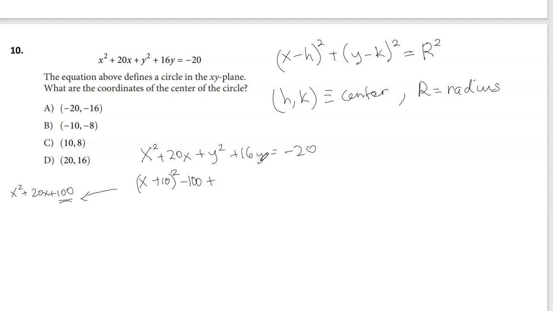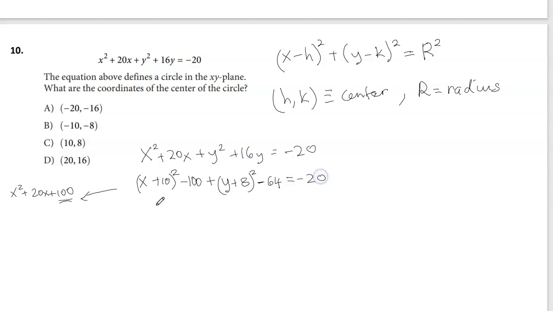I divide the coefficient of y by 2, and then rewrite the pair as this. If I expand this, it will introduce a positive 64, right? So I need to subtract 64 to make this complete, right?